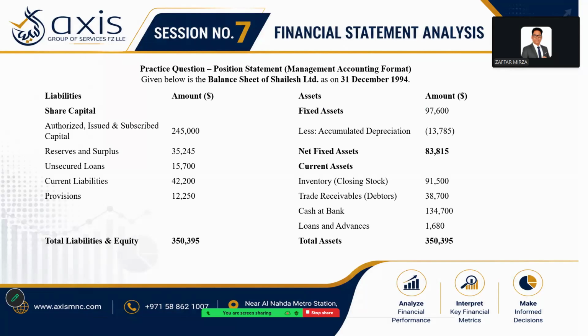Prepare the practical question, position statement, in management accountant format given below, on the balance sheet of Silence Limited as on 31st December 1994. Now, this balance sheet is already tallied, but it is in T form, a horizontal form. We are requesting you to prepare it in a vertical form, which is used by the management accountant.